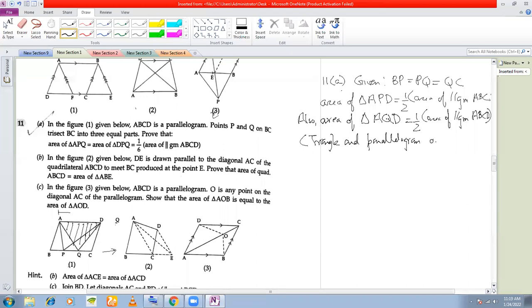Area of triangle is half that of a parallelogram on the same base.